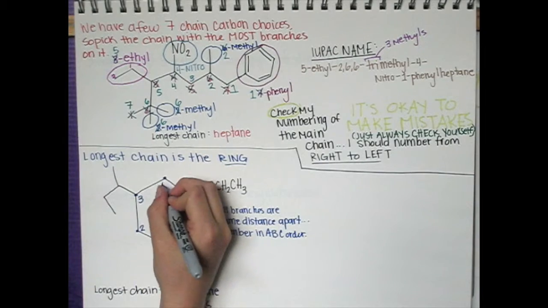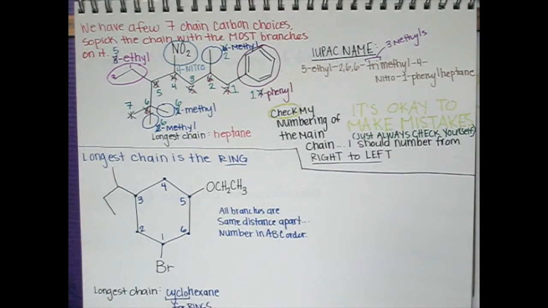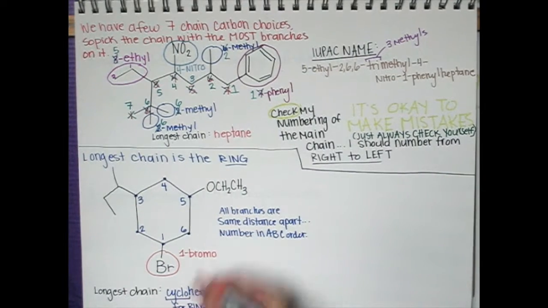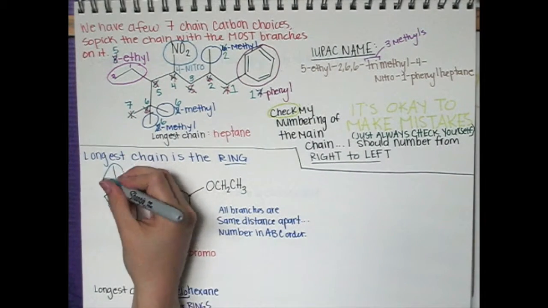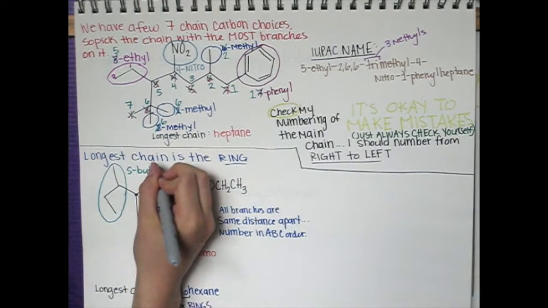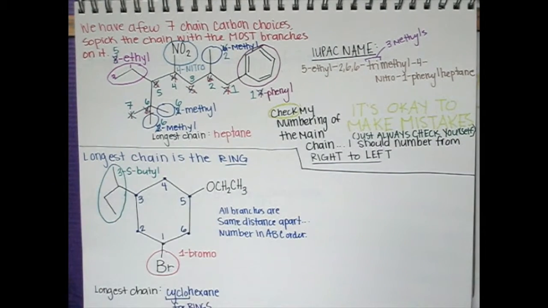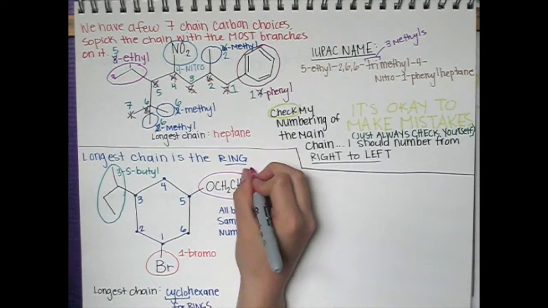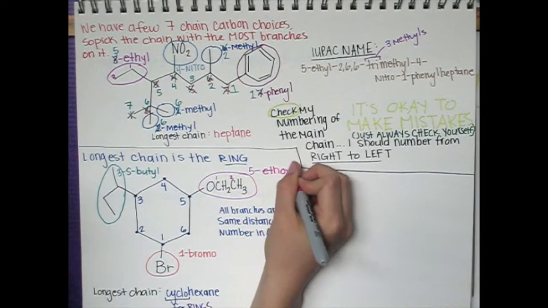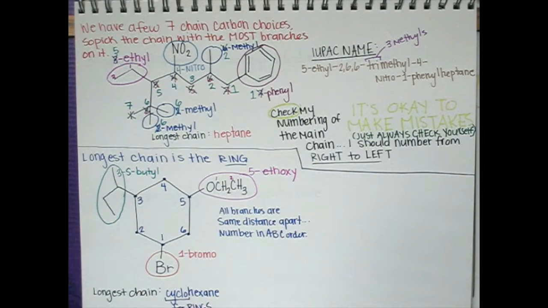Br comes before Bu, comes before E. So we have 1 bromo, 3 S-butyl, and 5 eth for the 2 carbons and oxy because of the oxygen.